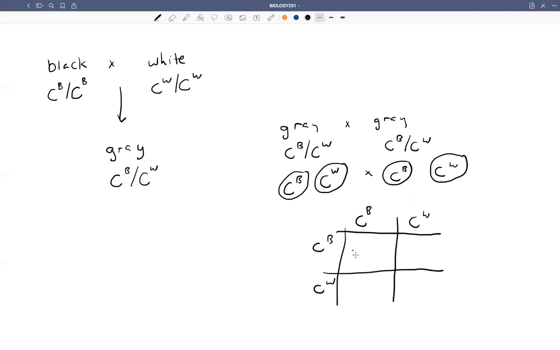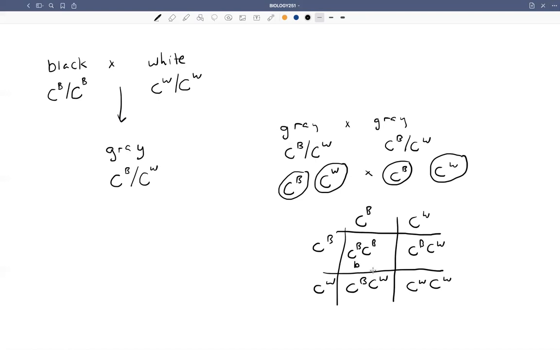And our possible offspring are C^B C^B, C^B C^W, C^B C^W, and C^W C^W. Keeping my heterozygotes in alphabetical order for the allele notation. So those are the same genotype, even though they got there from a different combination.